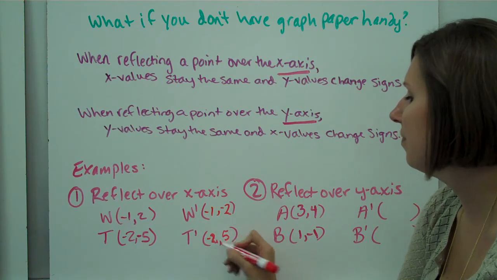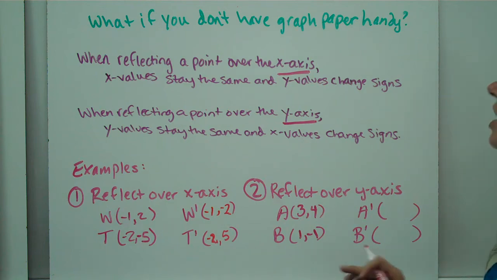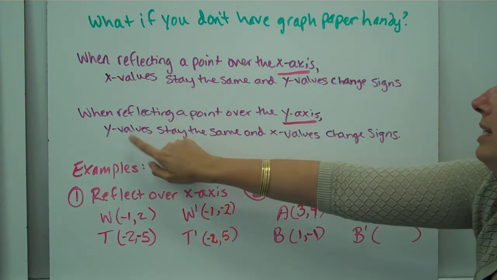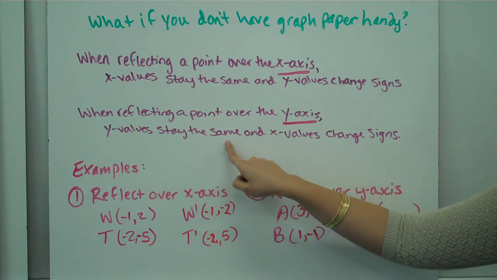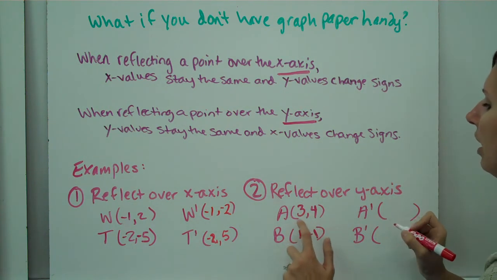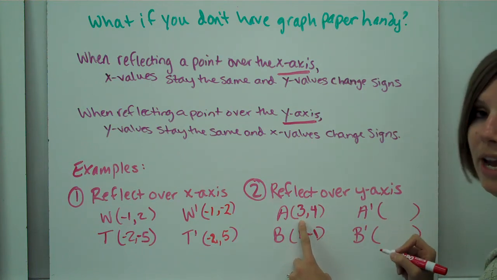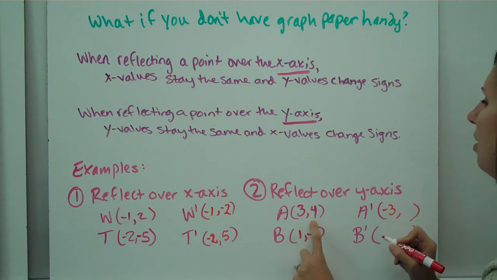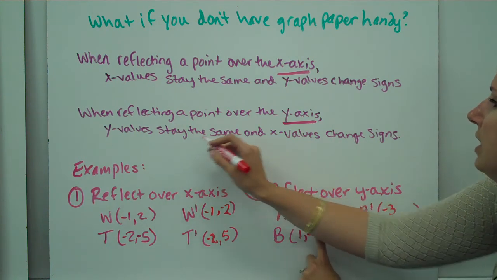Hope so. Now let's switch gears. Let's reflect these 2 points over the y-axis. So if A is (3, 4), my rule says that the y values stay the same, but my x values change sign. So my x value is going to be the one to change. It was a +3, so now it's going to be a -3, but my y value stays the same.